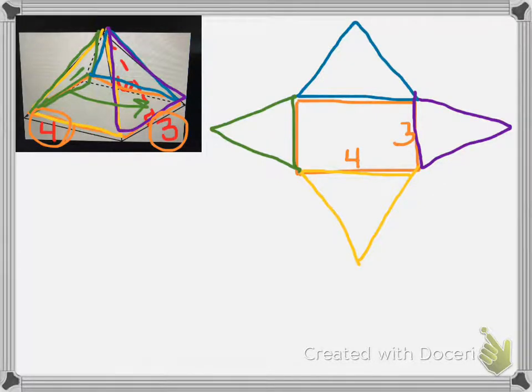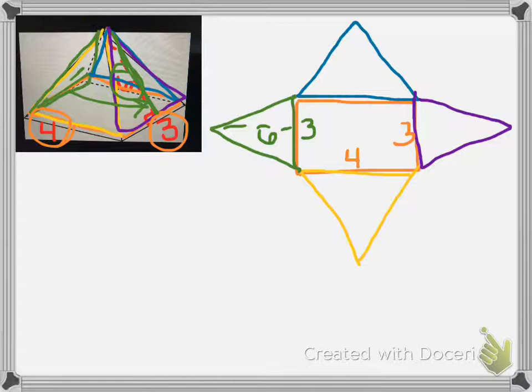Actually, I'm going to put that right there. And then we know that right here, it's a little hard to see, but this line right here is 6. That's the height of our triangle. And because our triangles all meet at the point at the top, we know that all the triangles are the same height.